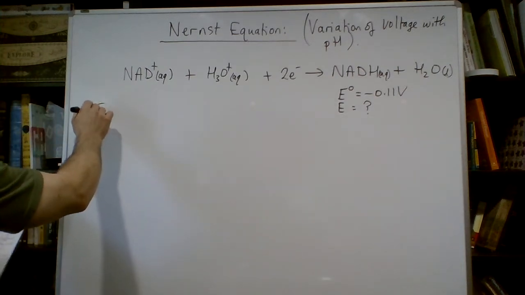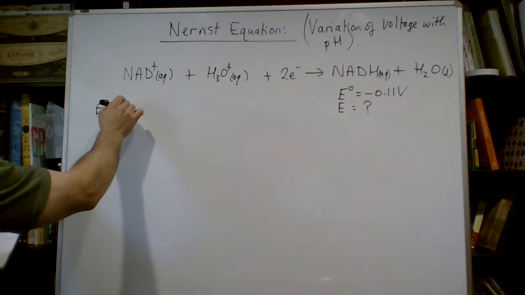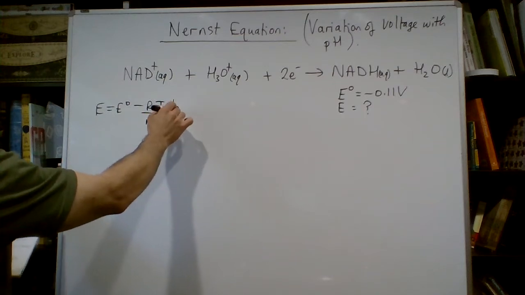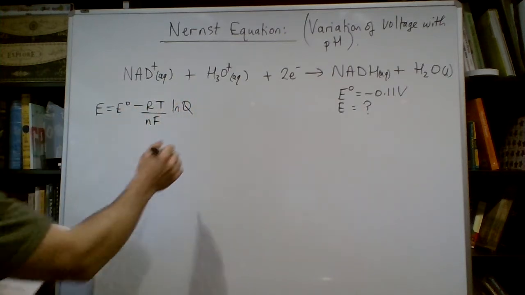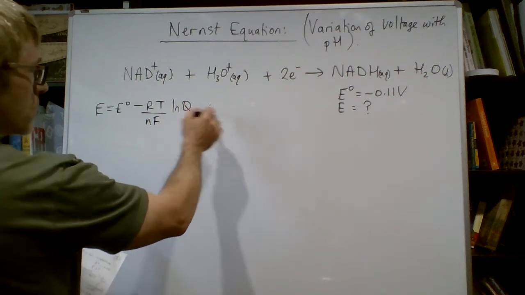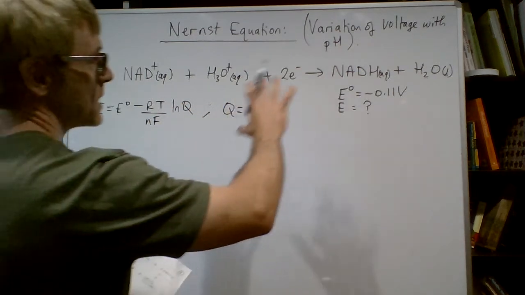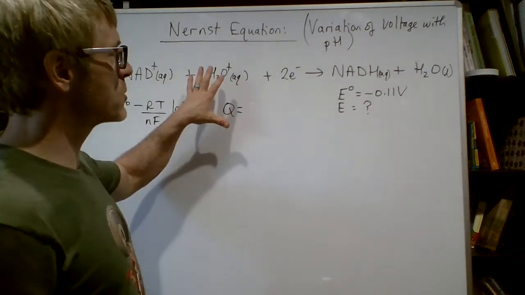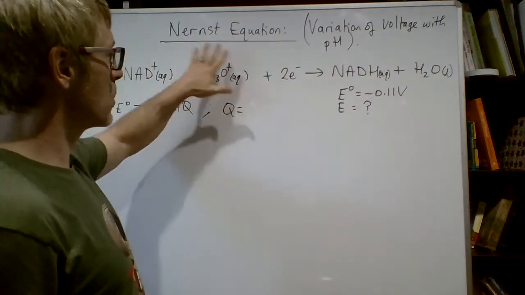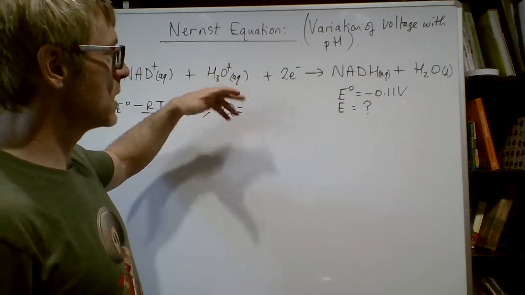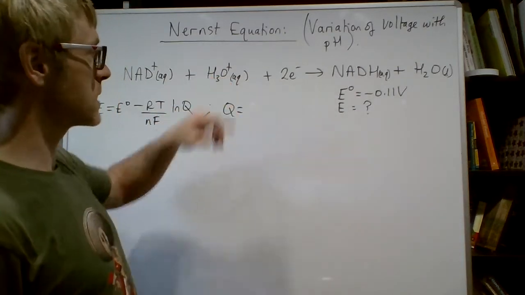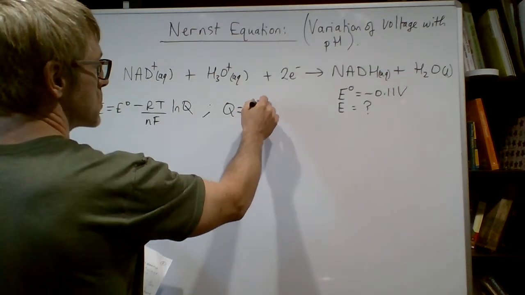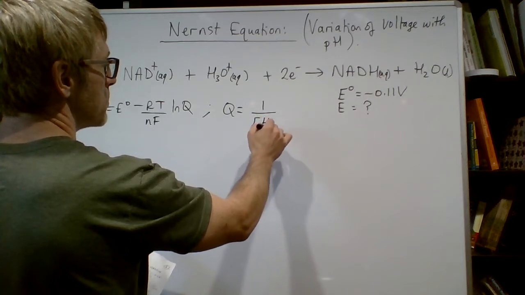So we know that E is E standard minus RT over NF log Q. There's our out-the-box Nernst equation. And on this occasion, we know that the reaction quotient is the product of the products divided by the product of the reactants. But we're interested in pH effects. So ultimately, we're interested in the things that change dynamically, which in this case would be hydronium. So in this case, our hydronium is a product, so it's going to be 1 over hydronium.